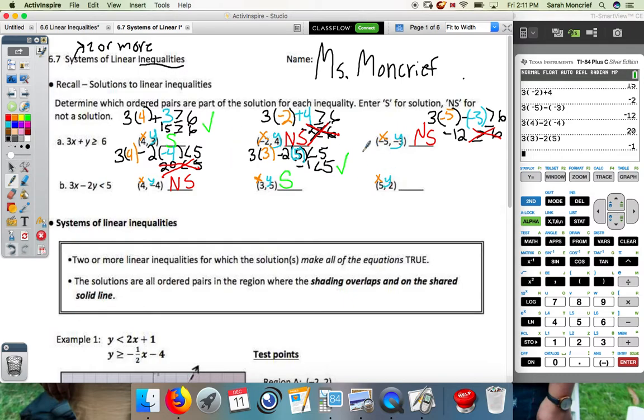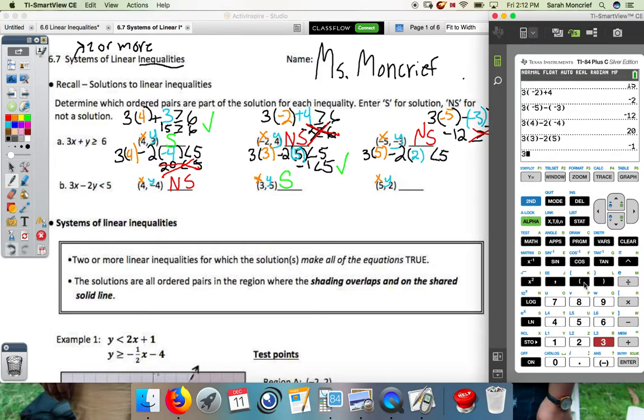So we have 3 parentheses, and what was x? 5 minus 2 parentheses, and what was y? 2 is less than 5. So let's see what 3 times 5 minus 2 times 2 was.